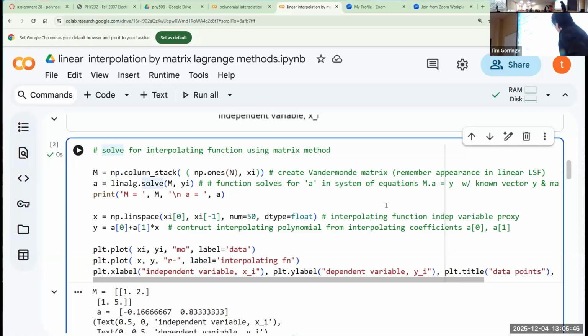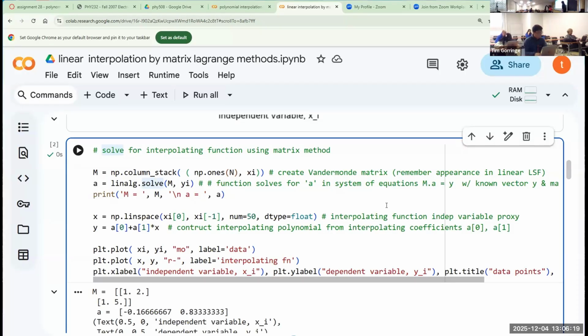Then I'm going to plot the results. So I introduced here just a proxy for a continuous independent variable x. I define a function as a proxy for the solution using that x and the coefficients a0 and a1 that I got from my matrix algebra solution here.